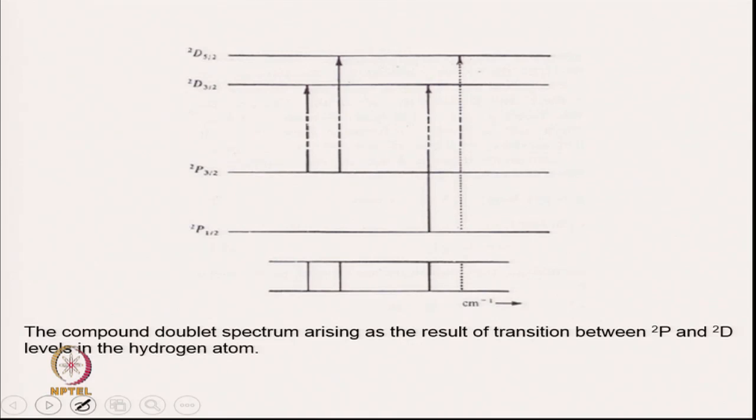Now, you see here 2p 3 by 2 to 2d 3 by 2, 2p 3 by 2 to 2d 5 by 2, that is possible, and 2p half to 2d 3 by 2 and 2p half to 2d 5 by 2, and so there will be a doublet here, there will be a doublet here. So, this is your transition between 2p and 2d levels, which will result in a double doublet.